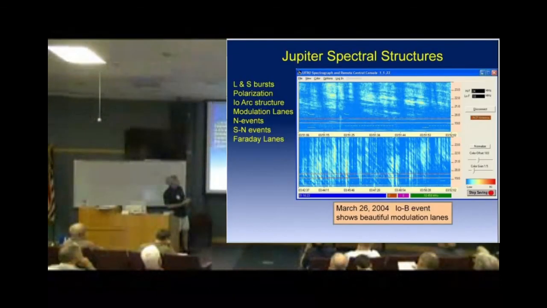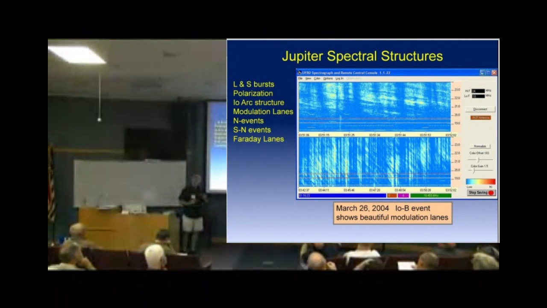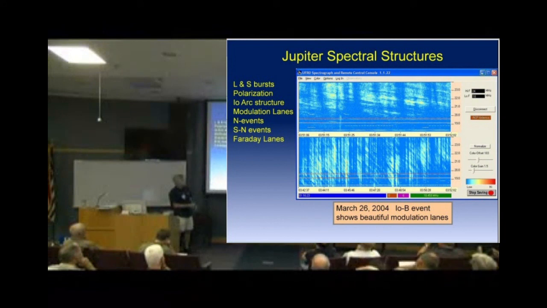So let me skip that. Tomorrow we'll get into more of the fine structure. So this is a sample spectrograph of Jupiter showing an event due to Io. We call it Io-B, but there's a lot of substructure in the data. So we'll talk a little bit about that more tomorrow.